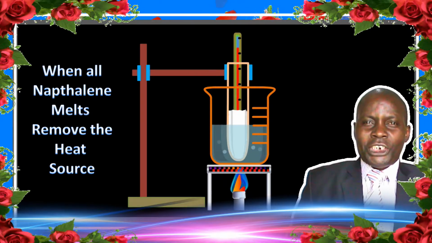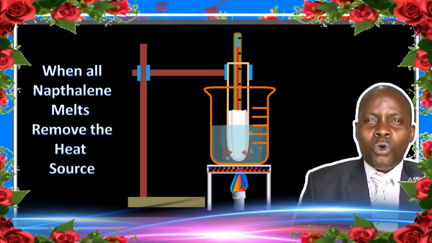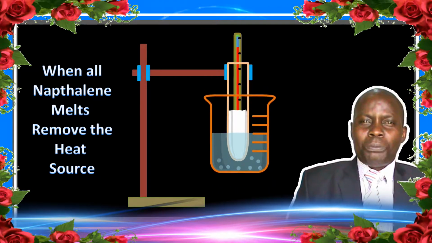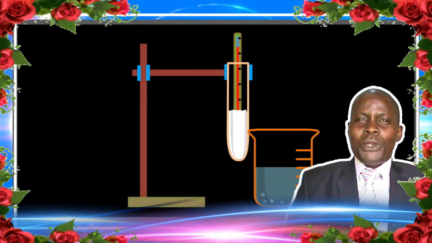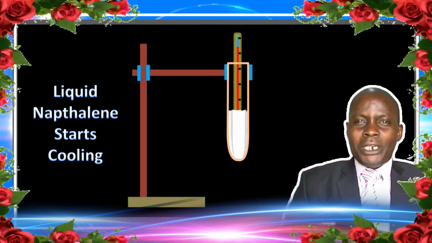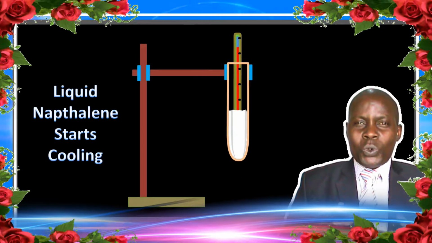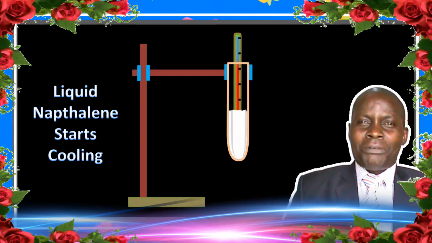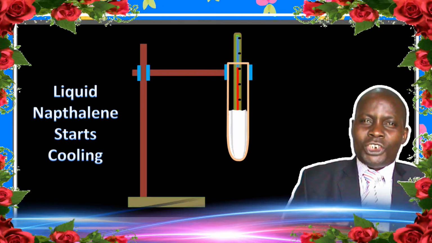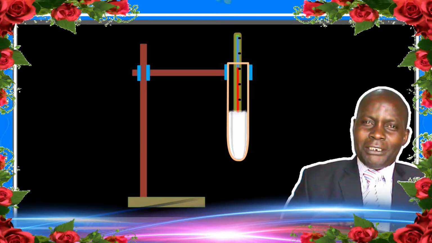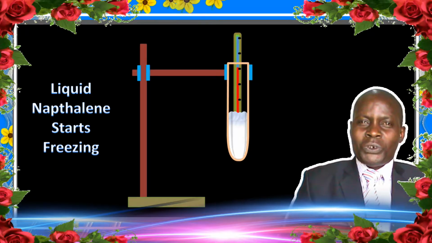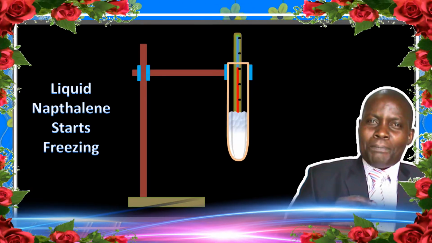When all the naphthalene has changed to liquid, we remove the heat source, or we remove the boiling tube from the beaker. And when we do that, the boiling tube will start to cool down. As it is cooling down, the liquid naphthalene will start changing from liquid back to the solid state, which we refer to as the freezing process.